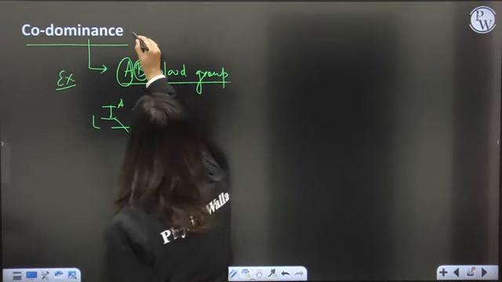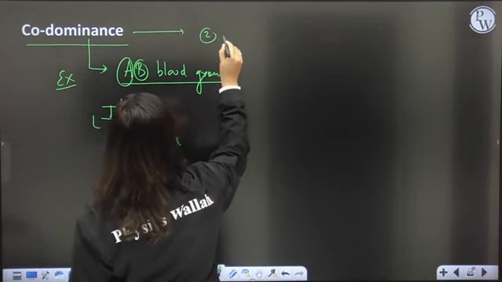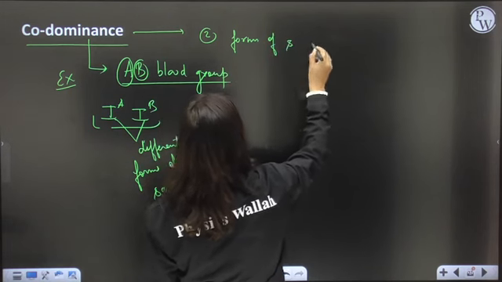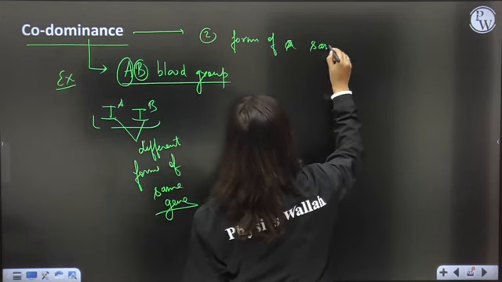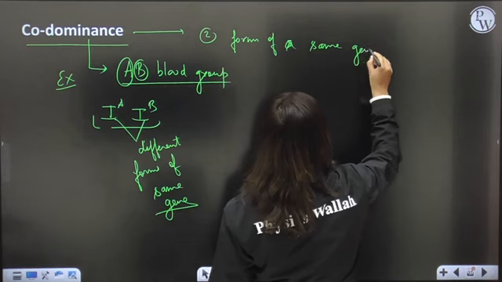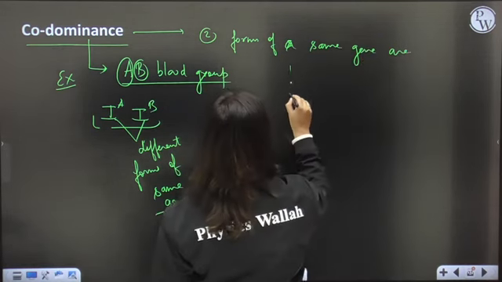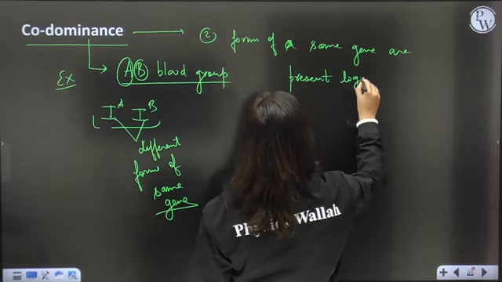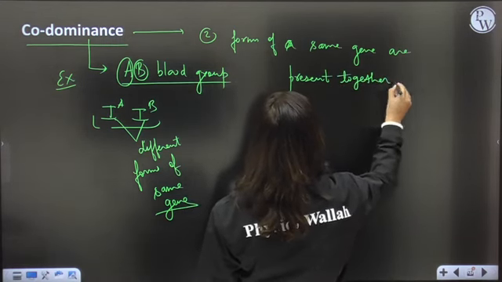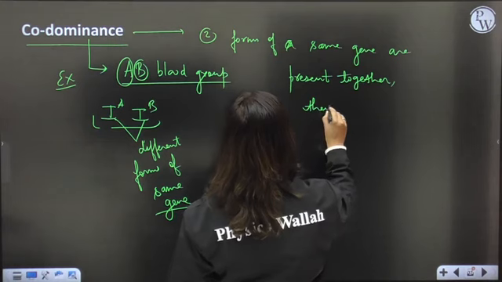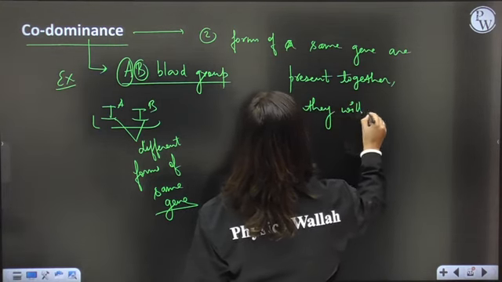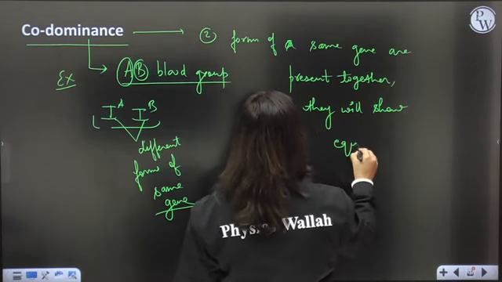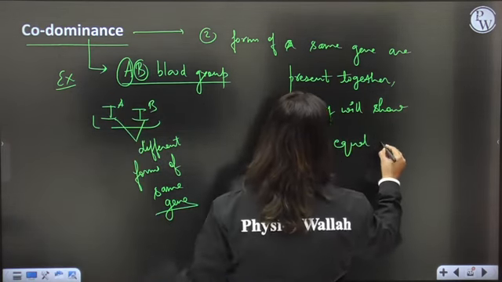So what is codominance? When the two forms of a same gene are present together, they will show equal expression. No one is lesser than anyone.